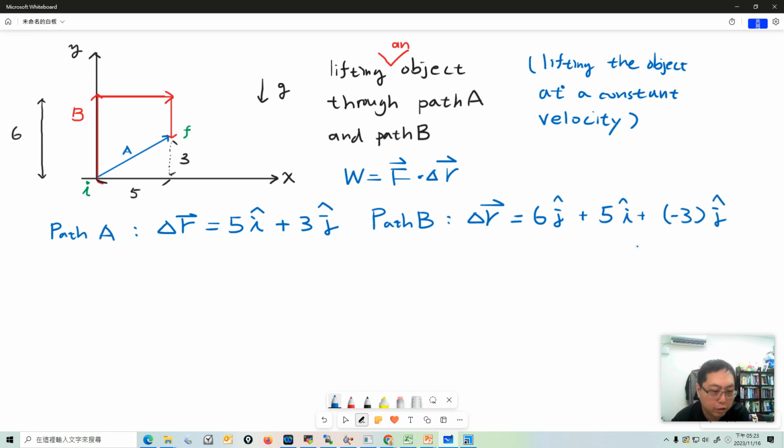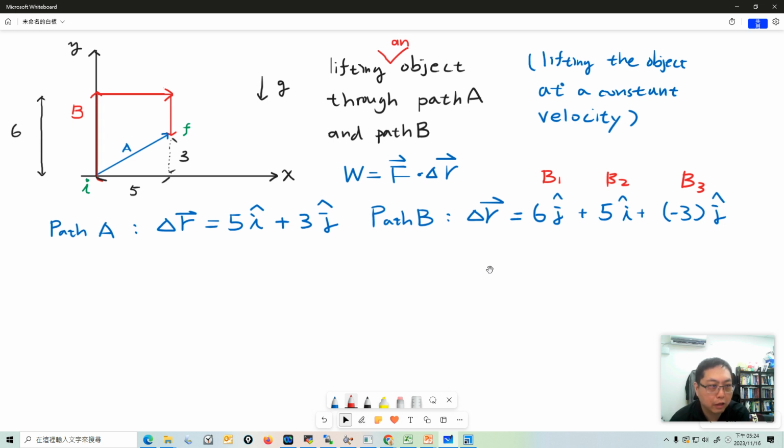It has 3 sections, so let's call them B1, B2, B3.